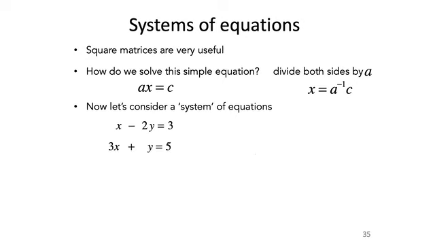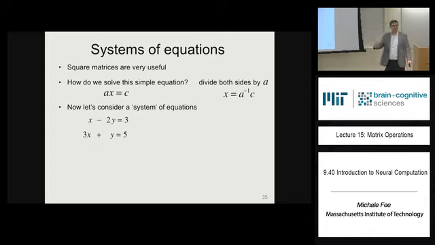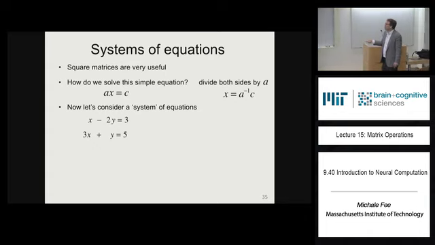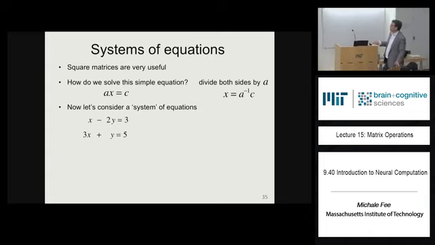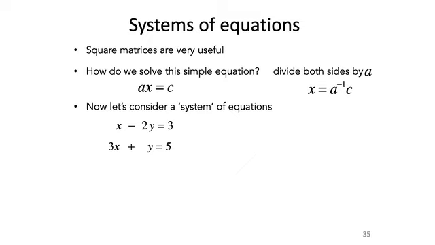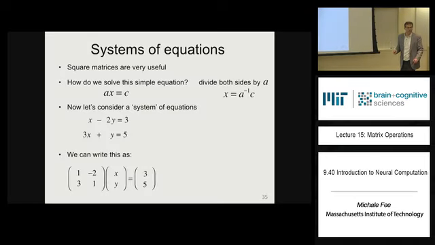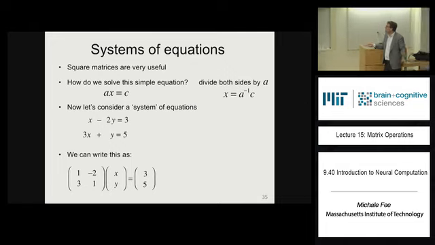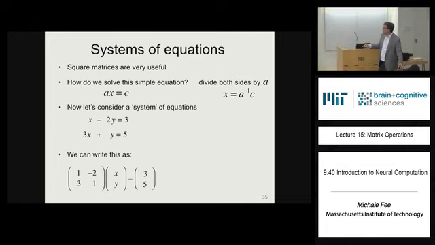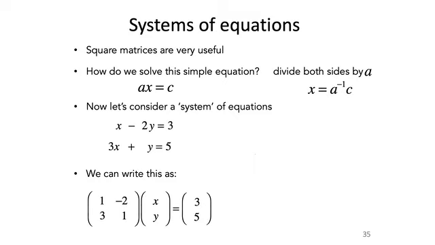It turns out that there's a matrix equivalent of that that allows you to solve systems of equations. So if you have a pair of equations, x minus 2y equals 3 and 3x plus y equals 5, you can write this down as a matrix equation where you have a matrix 1, minus 2, 3, 1, which correspond to the coefficients of x and y in these equations, times a vector x, y, equal to another vector 3, 5.